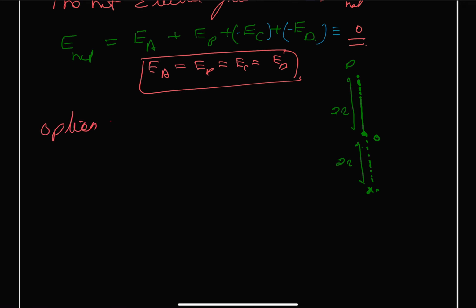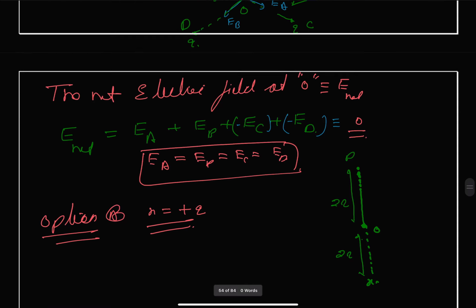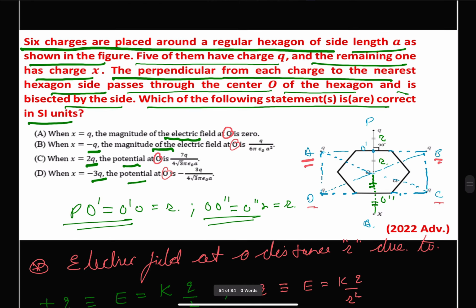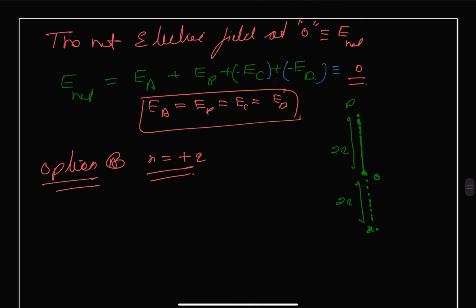option A states that our X is equal to plus Q, and P is already having a charge of plus Q. So charge at P is fixed, and for option A the charge at X is our plus Q. Therefore the electric field, because of this X, will be in this direction.